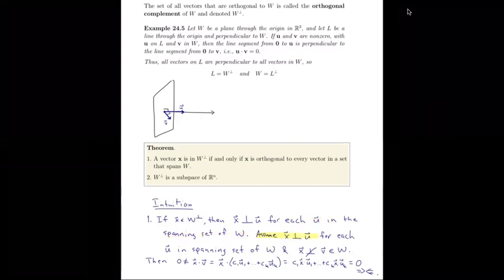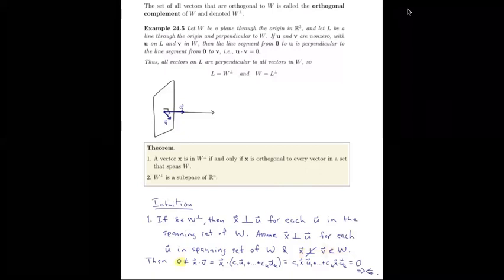Now, we assume that X is perpendicular to each U in a spanning set for W, and for the sake of contradiction, we assume that there's a V in W for which X is not perpendicular to V. Then the inner product of X and V is not 0.